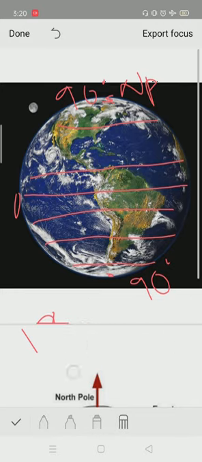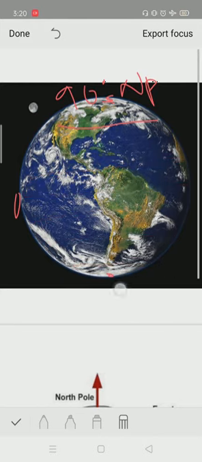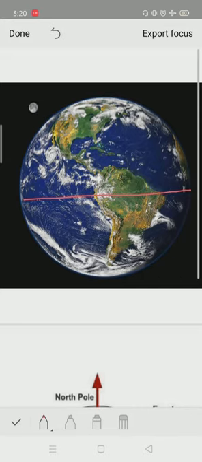Now, like I will draw it again for you. If I draw the equator here, this happens to be the longest line. These are basically circles around the earth, of which you are able to see only one side.